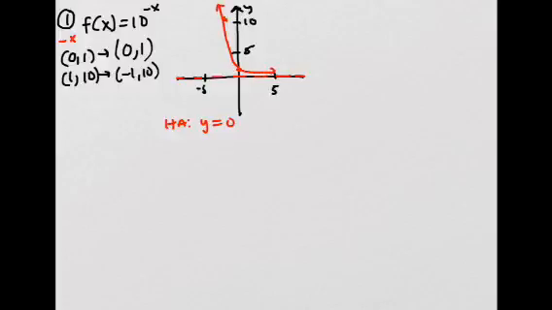So the y-intercept is (0, 1). It has no x-intercept because it just gets closer and closer to the x-axis, but it never actually touches it. Okay, so we identified the asymptotes and any intercepts.